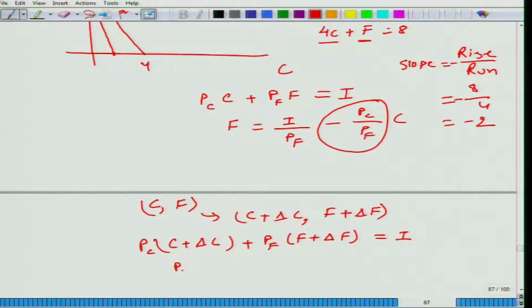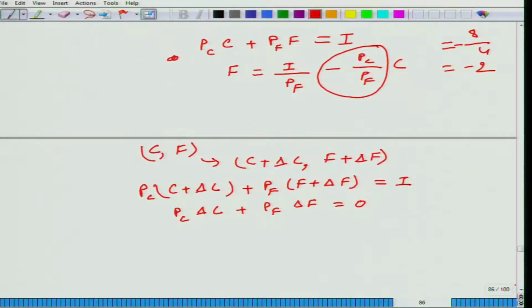So, what do we get? P C delta C plus P F delta F is equal to 0. Why? Because from here we know P C multiplied by C plus P F multiplied by F is equal to I. So, in other words, we can write delta F by delta C is equal to minus P C by P F. And isn't it the slope?